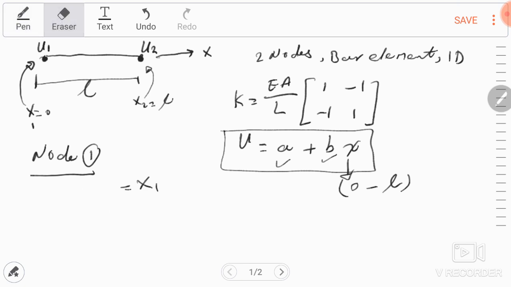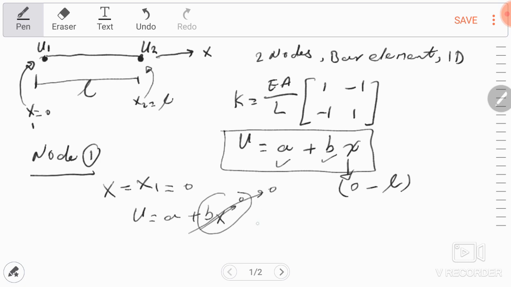For node number 1, x equal x1, and x1 is 0. That means u equal a plus bx, and the x is 0, so all this part will be 0.